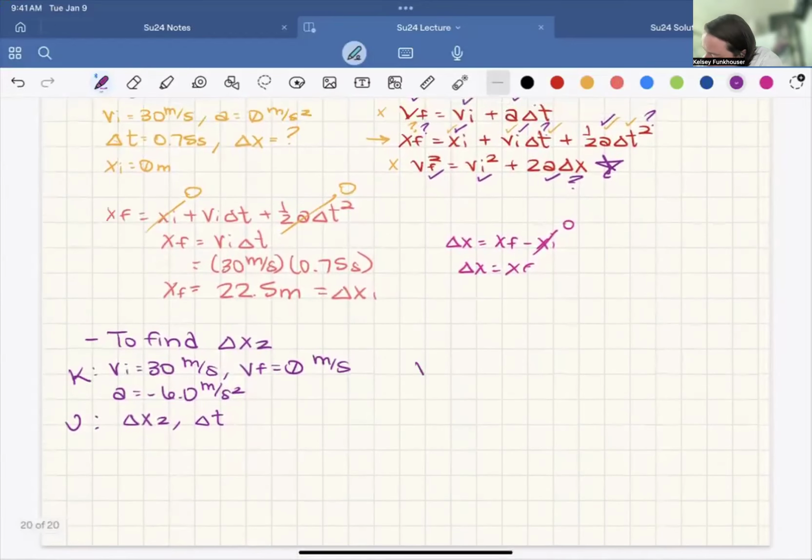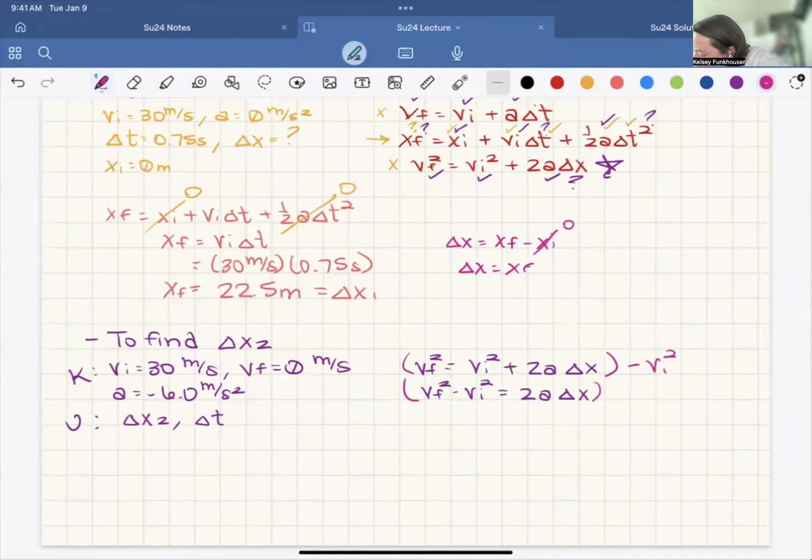So let's bring that down here. V final squared equals V initial squared plus 2a times the displacement. So now we're just going to solve this for the displacement. We'll subtract V initial squared from both sides, giving us V final squared minus V initial squared equals 2a times the displacement. And then we'll also divide both sides by 2 times the acceleration.